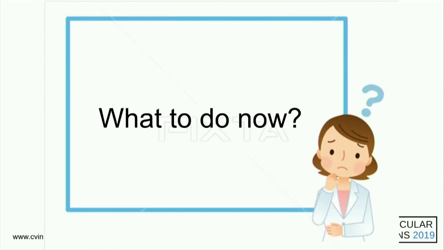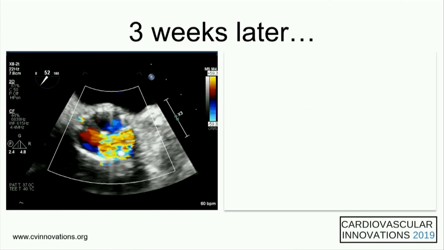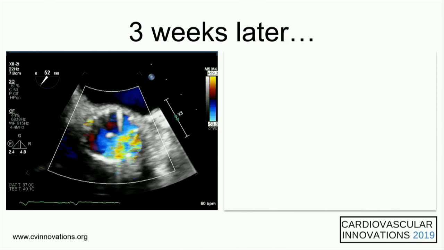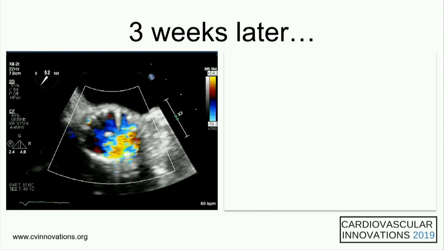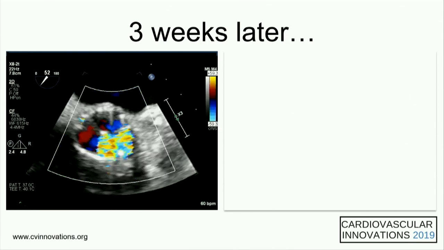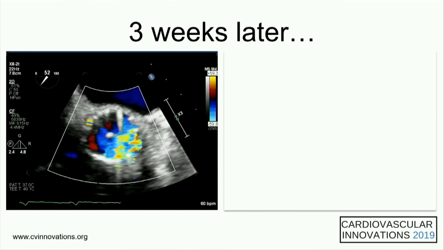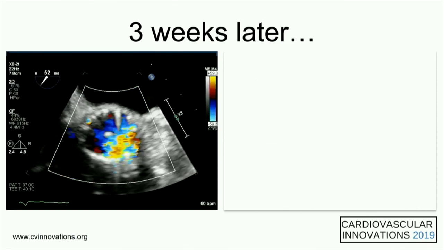So he made it about 3 weeks when he started to have hemolysis and the beginning of kidney failure. So we brought him back. And at this point, you can see, again, the paravalvular leak, very present, still severe. But the valve itself does not open with systole.